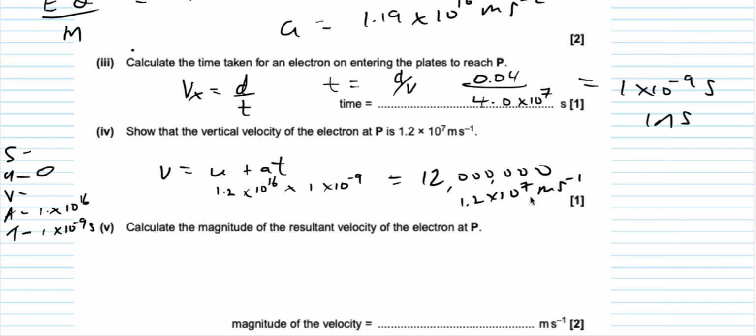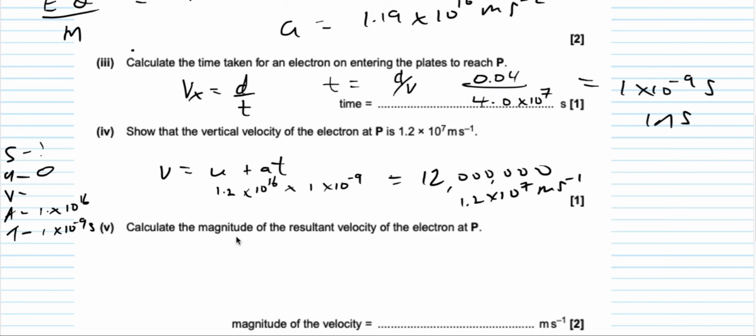So that is basically the vertical velocity when the object is at point P. As you can imagine, we didn't know the distance, so we couldn't have used any other equation of SUVAT to solve the question.